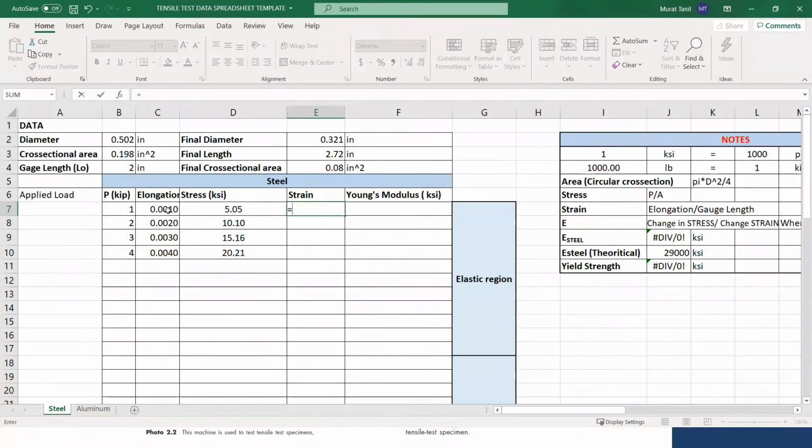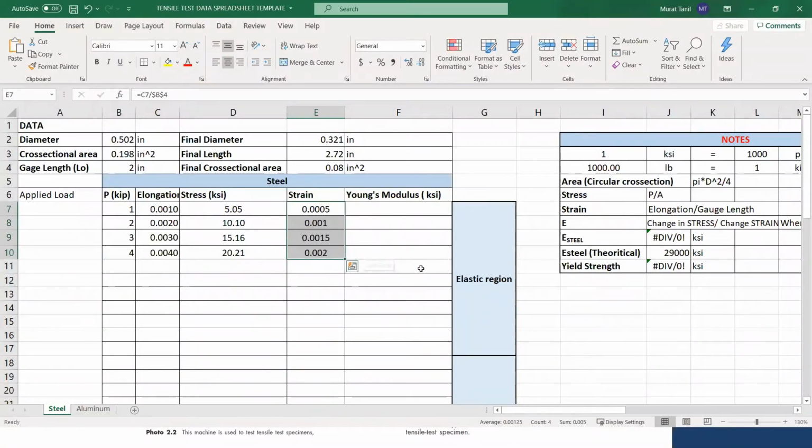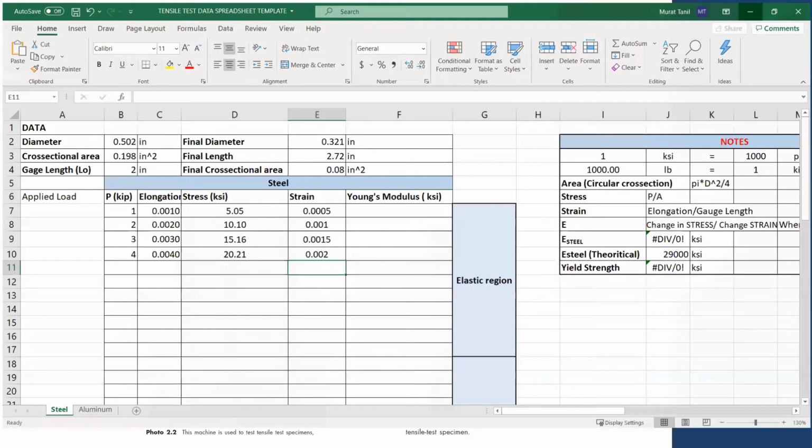I know this elongation data given by the software or extensometers. I use this data and divide it by the gauge length, but I need to lock this cell. I get my strain. So the gauge length is important to calculate the strain.